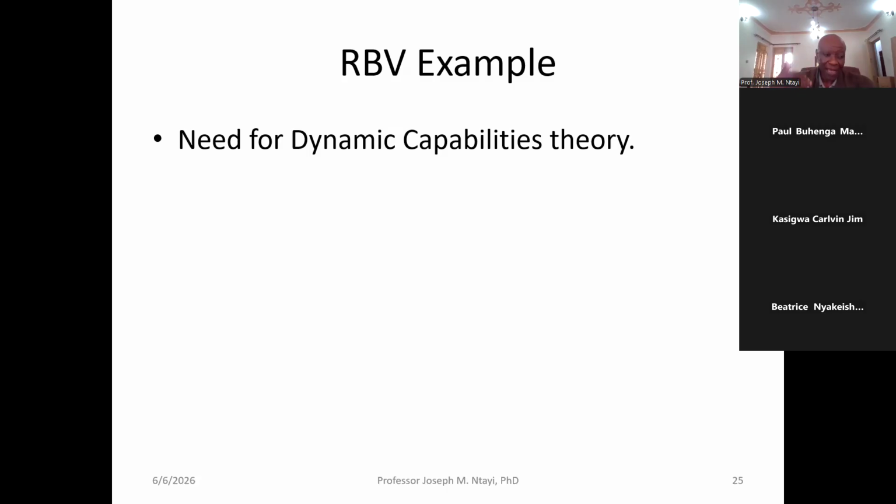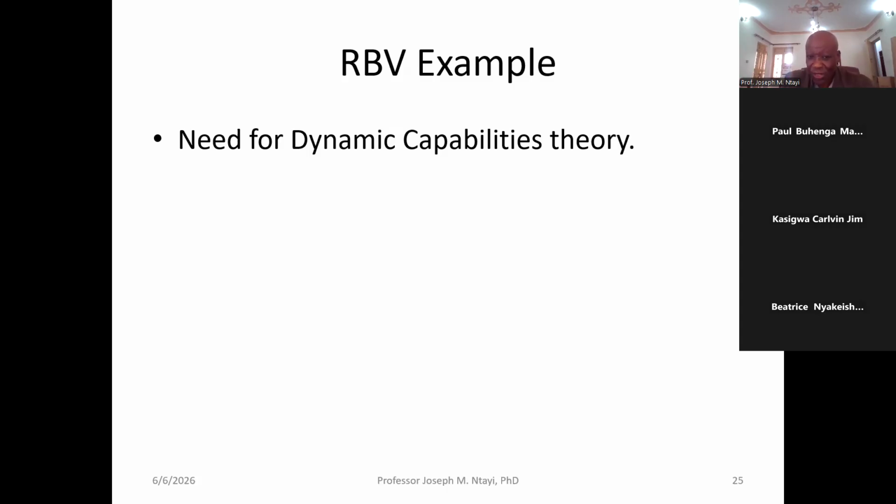So that means the increasing need to add dynamic explanations suggests that the original resource-based view, as developed by Barney based on that research program of his, requires theoretical extension to explain competitive advantage in volatile contexts.